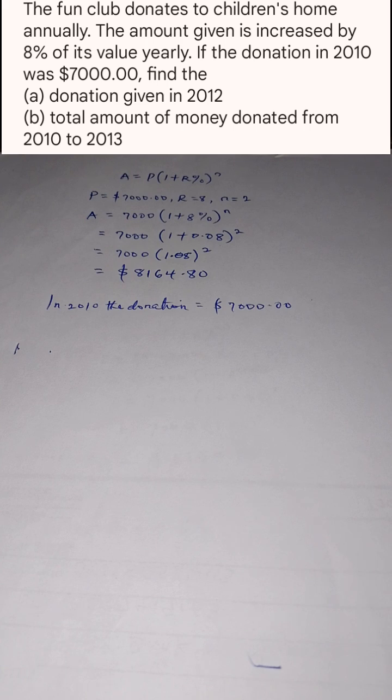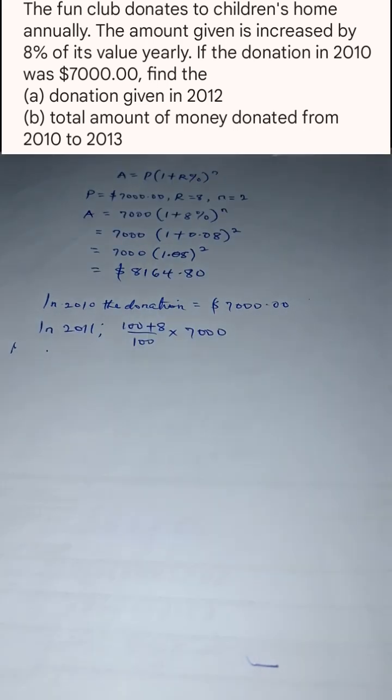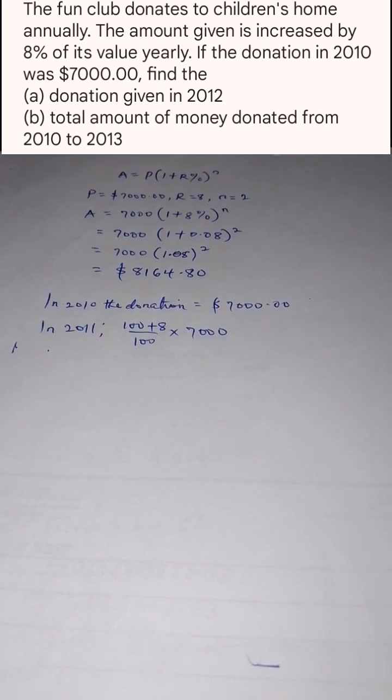So we increase 7,000 by 8%. Because it has been increased by 8%, that is 100 plus 8, divided by 100. This is how we increase a certain amount by 8%. If it were to be decreased by 8%, it would be 100 minus 8.